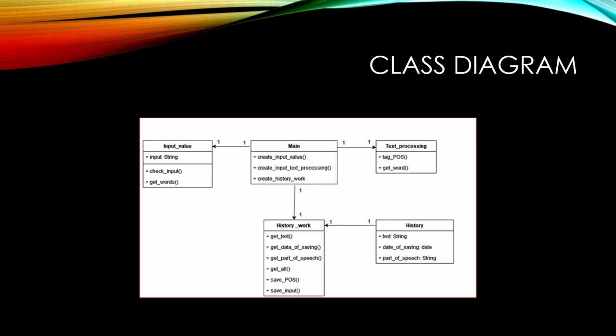Main class can create objects of other classes. Input value has input, which is a string, and some methods for checking input, and text processing processes text and does tagging, part of speech, etc.